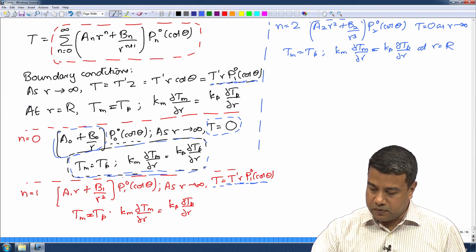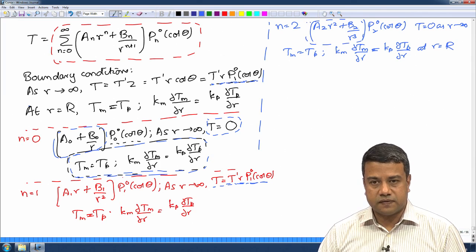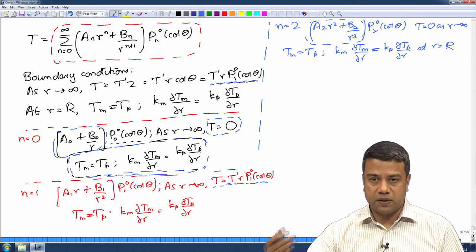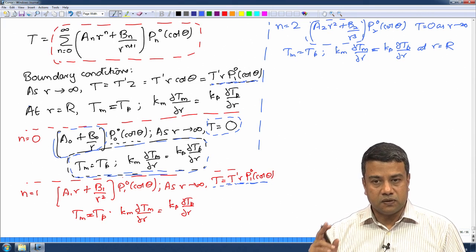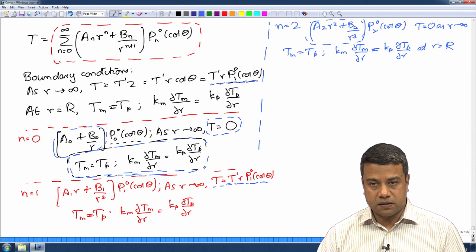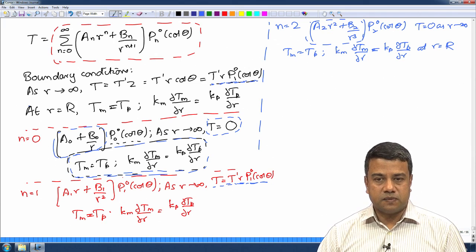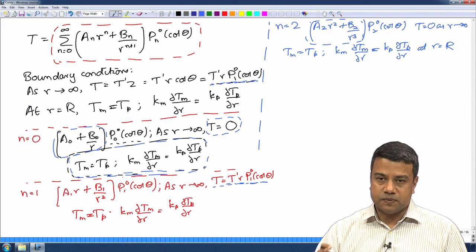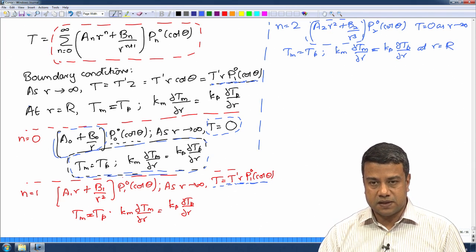Similarly, if A2 and B2 are 0, all of these conditions are satisfied. That is because there is no forcing with symmetry of P0, P2, etc. The only forcing is with symmetry P1. And since all of these Legendre polynomials are orthogonal to each other, the solution should also have the same symmetry.